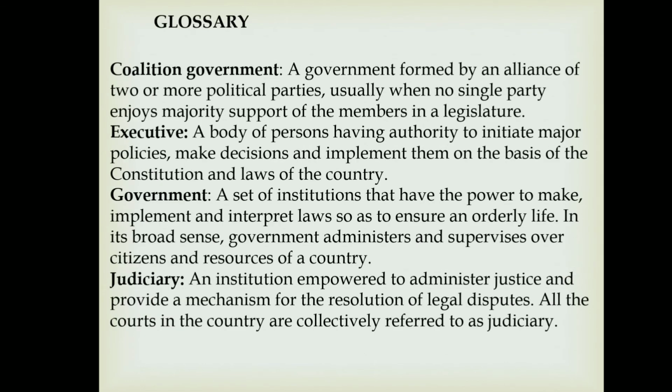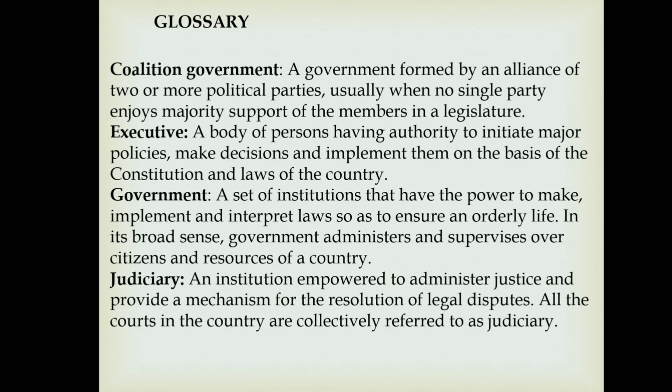Okay, before concluding, let us go through the glossary. What do we mean by coalition government? A government formed by an alliance of two or more political parties, usually when no single party enjoys majority support of the members in a legislature. Executive is a body of persons having authority to initiate major policies.